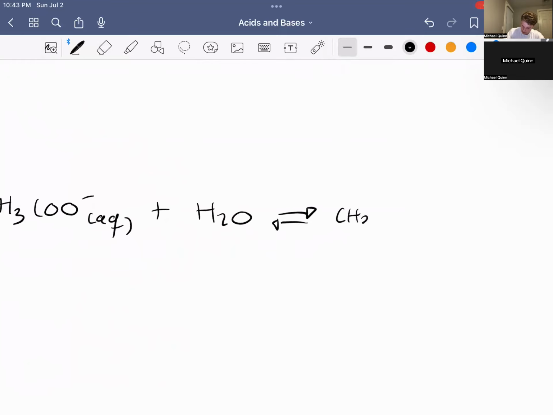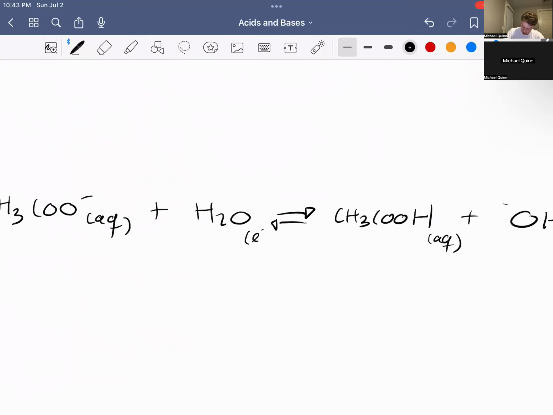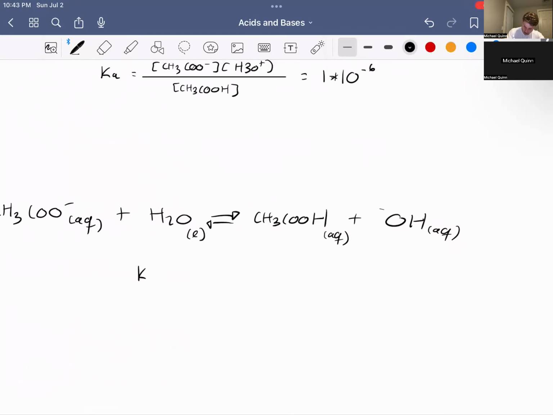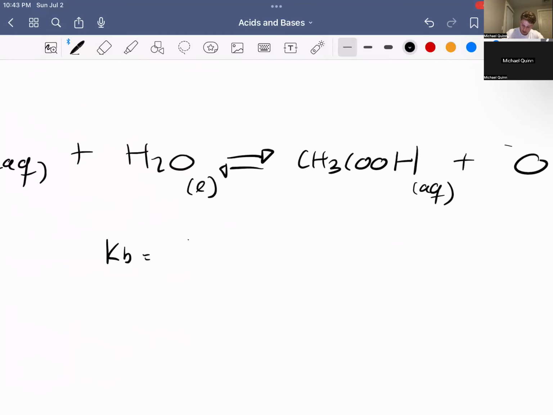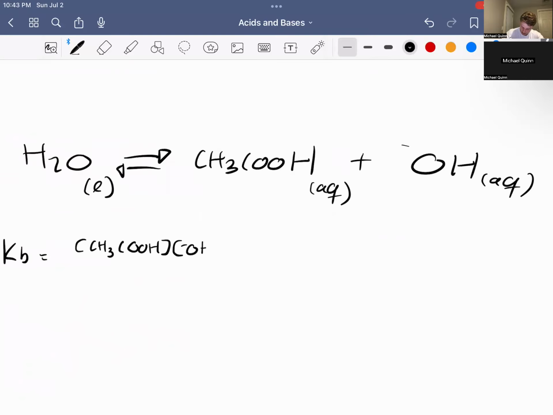This will be CH3COOH and hydroxide. Now, when we write our expression for Kb, this is a base reacting in water. This is going to be CH3COOH times OH- over CH3COO-.